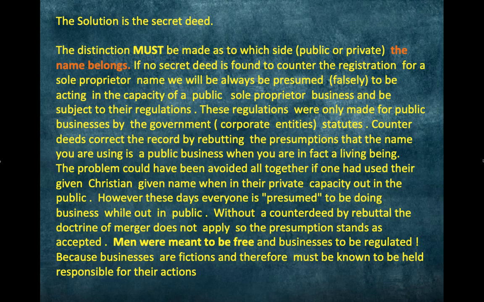If no secret deed is found to counter the registration for a sole proprietor name, we will always be presumed falsely to be acting in the capacity of a public sole proprietor business and be subject to their regulations. These regulations were only made for public businesses by the government, corporate entities, and statutes.